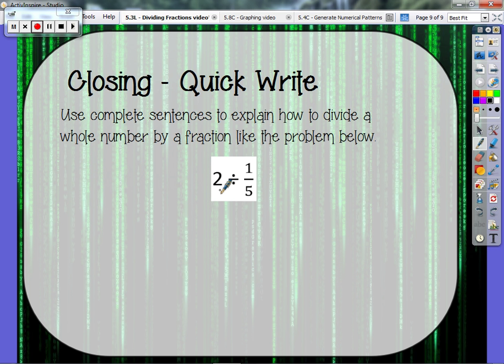I would usually give them between 5 and 7 minutes to complete this. This way, if they're able to explain to me the process of how to solve the problem, then I know that they know how to divide the fractions here.